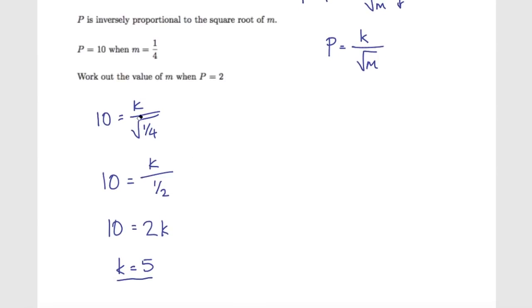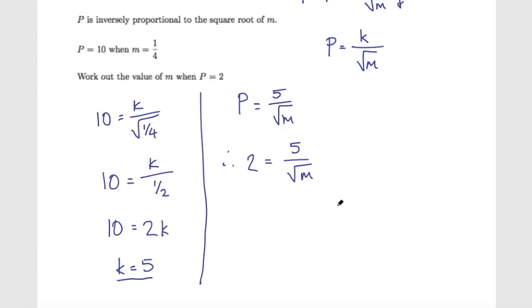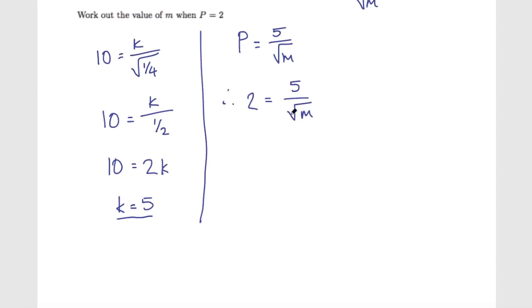And now I want to find m when p equals 2. So I can say that p equals 5 on the square root of m, and therefore 2 equals 5 on the square root of m. And then when you want to get this variable by itself, you can kind of switch these over.